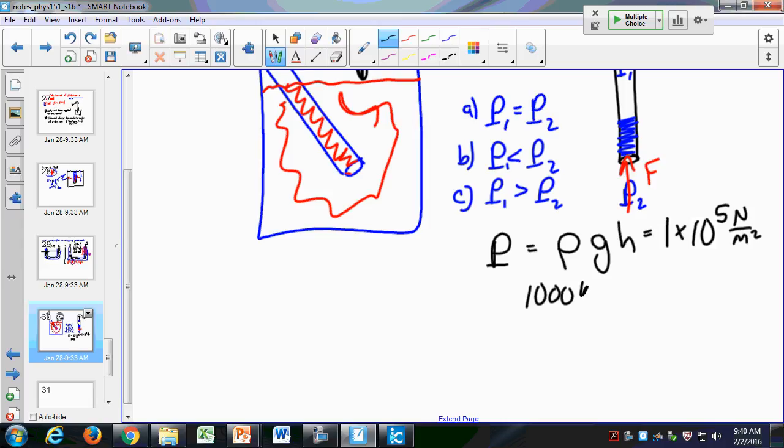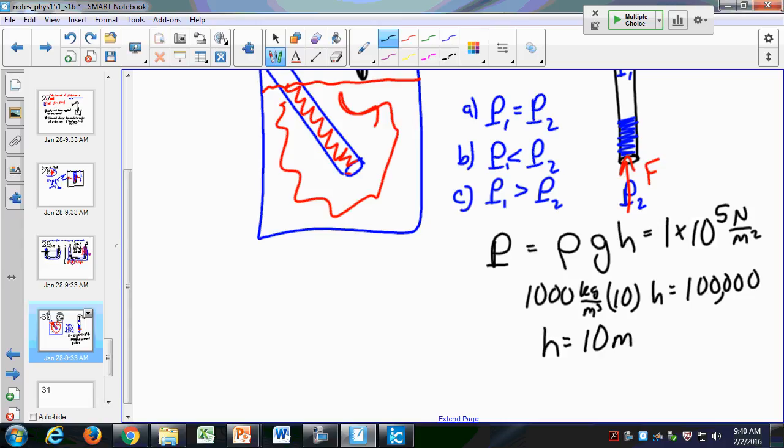The density of water is 1,000 kilograms per cubic meter. g is equal to 10. h, and then this is 1 times 10 to the 5th, that's 1 with 5 zeros on it, newtons per square meter. So if I solve this for h, then h is 100,000 divided by 10,000. h is 10 meters.